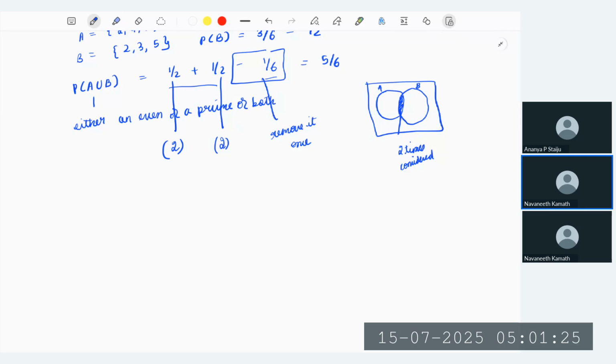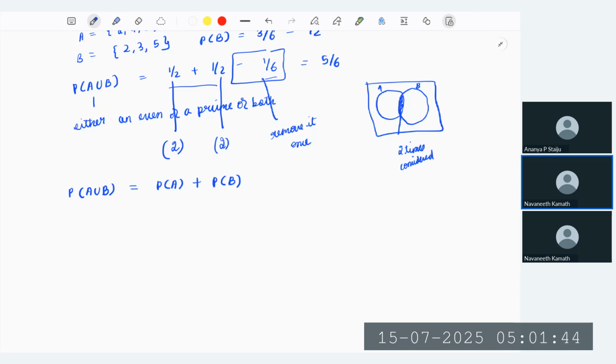It will be P of A union B equal to P of A plus P of B, because there are no common things. You can check whether it is giving correct answers or not. Next, this is the addition rule.